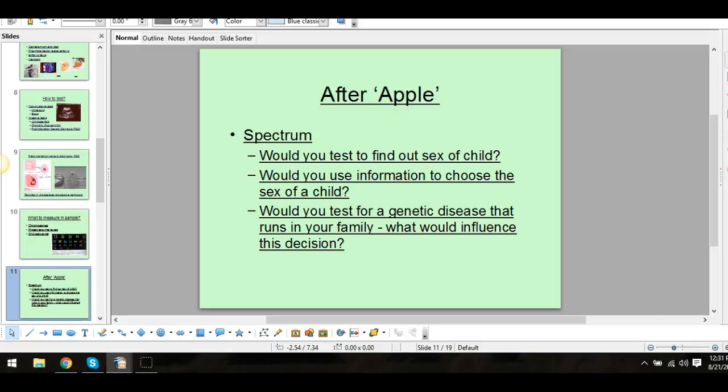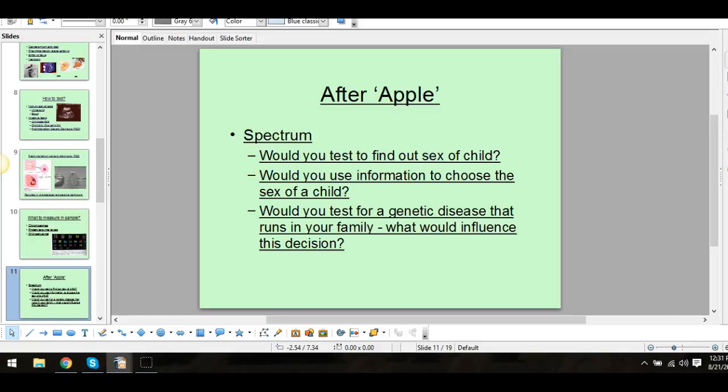Would you use information to choose the sex of a child? And would you test for a genetic disease that runs in your family? What would influence this decision? If you found out that there is someone with a genetic condition, would you decide for abortion? So here's a spectrum of the severity of tests and the results, and what we can do with them.